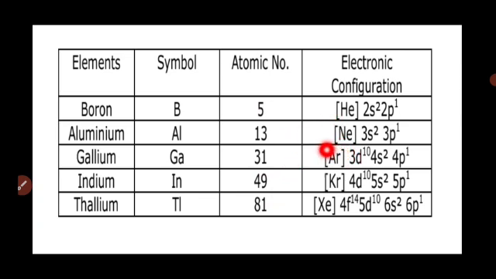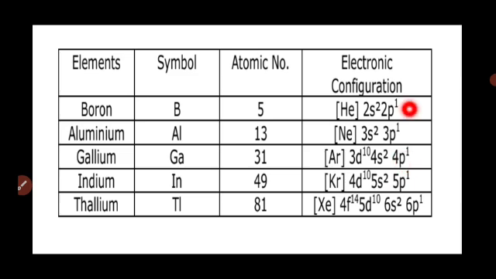Then for gallium it is 31, that is argon 18, then 3d10. Remember why 3d10? Because in argon 3p6 is completed. So after 3p6 comes 4s2 and then 3d10 and then comes 4p1. Now next indium 49, krypton, again 5s2, 4d10, 5p1.